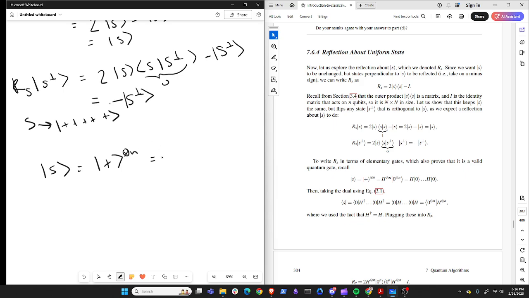So s equals H tensor product n times, 0 tensor product n times, and we wind up with H of 0 n times here. Each of these occurs n times.